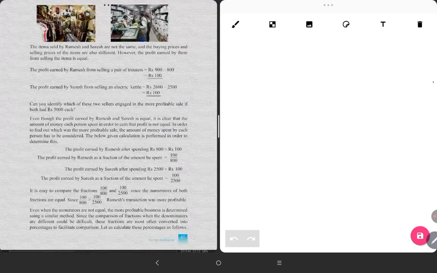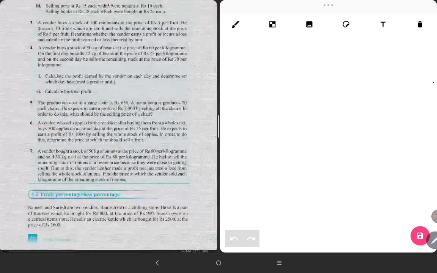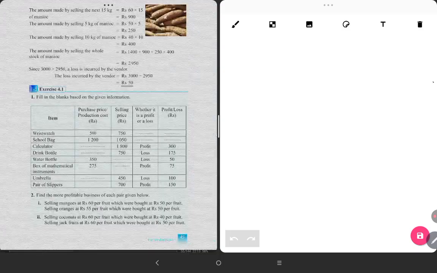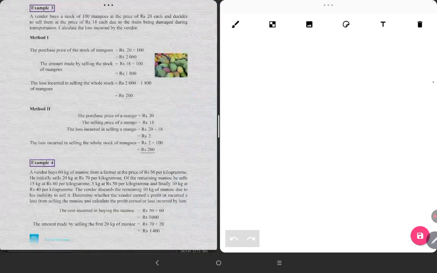We will not cover all the examples that they have given, but let's take a few exercises. Let's understand profits and profit percentages by looking at a few examples, and then dive into the exercises, and that way you will grasp the idea of percentages very well.